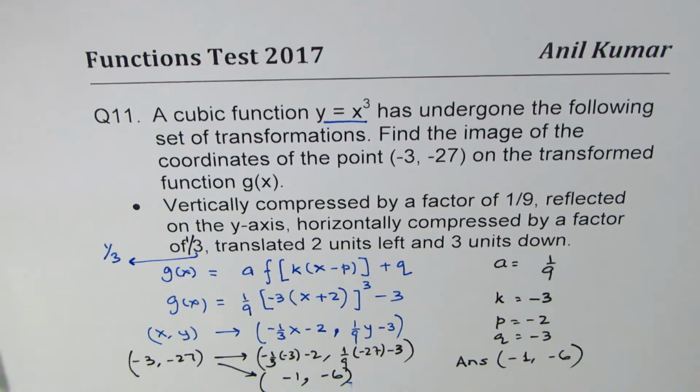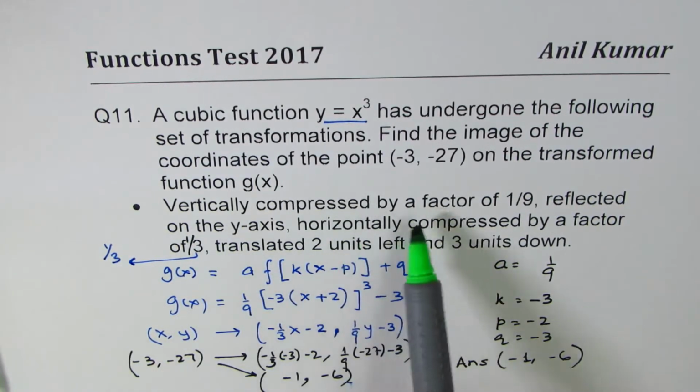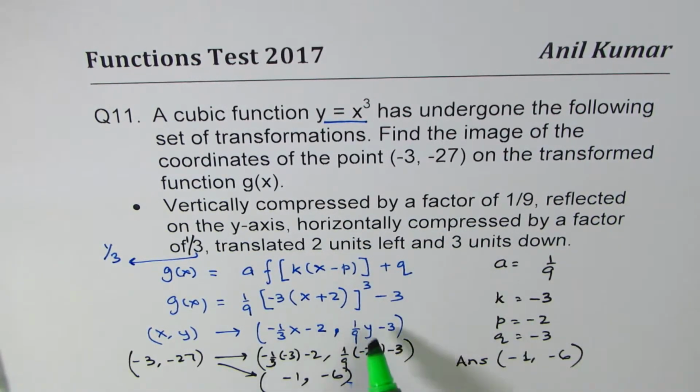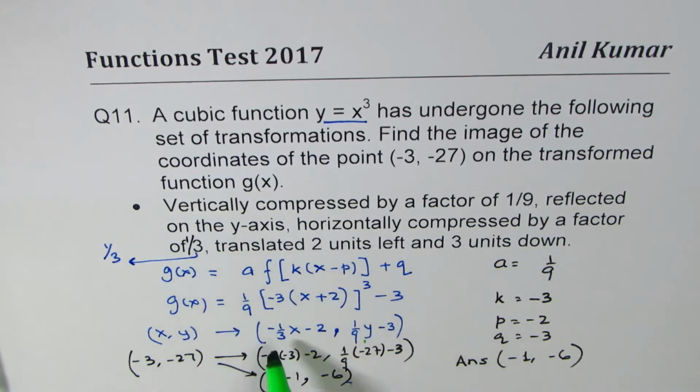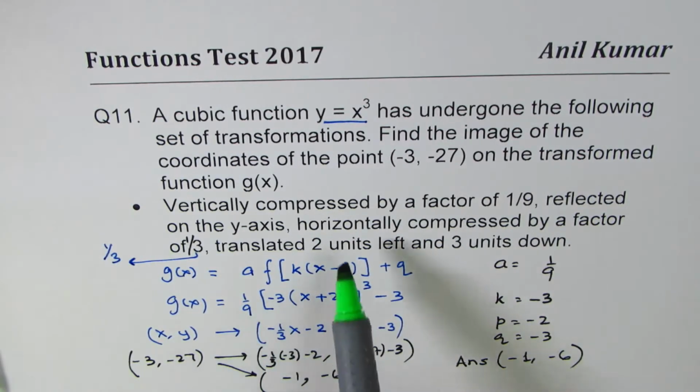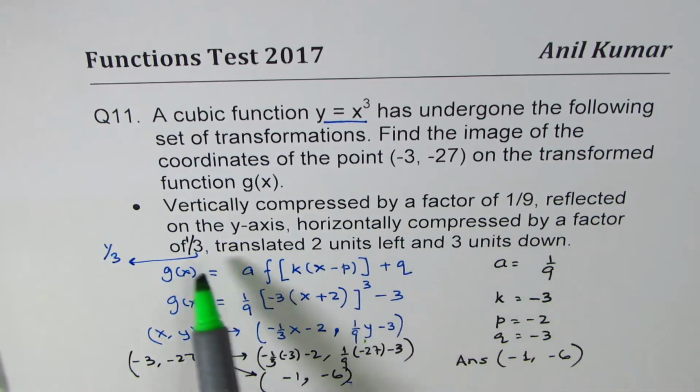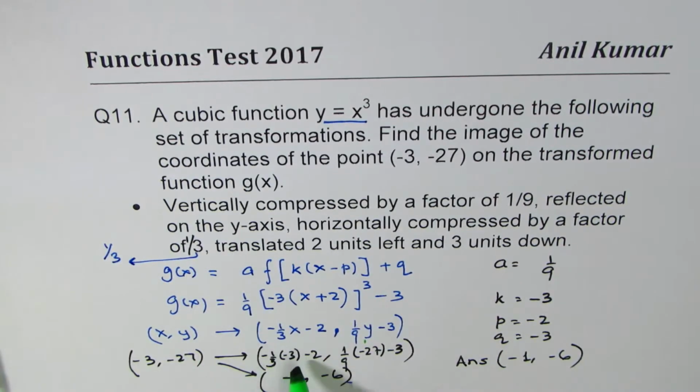I hope that's straightforward, right? So let's go through it once again. We're saying that vertically compressed by a factor of 1 over 9, so the y value gets multiplied by 1 over 9. Reflected on the y-axis means the x value becomes negative of whatever it is, horizontally compressed by a factor of 1/3, so we multiplied that by 1/3.